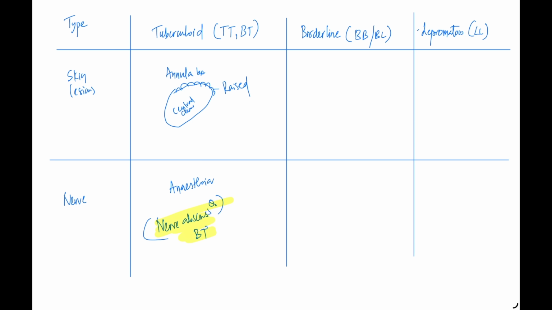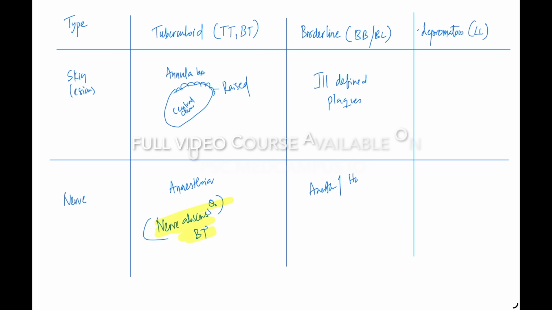Now, borderline BB and BL, intermediate between borderline tuberculoid and LL, have ill-defined plaques. So these are plaque kind of lesions, and again these can be hyperesthetic or anesthetic lesions.